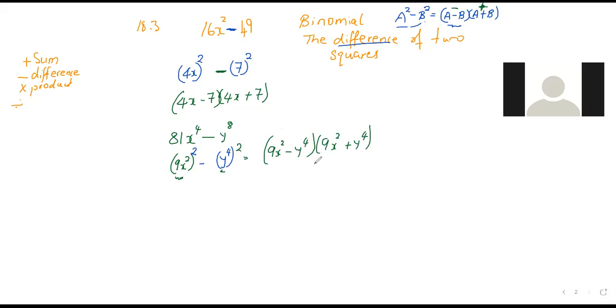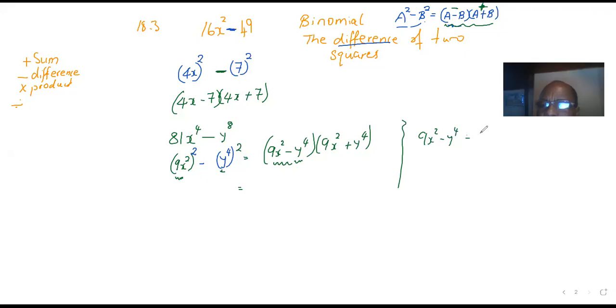But now we have managed to write that in that format. But we still realize that this one here is still a difference of 2 squares. This can be written as 9x squared minus y to the power of 4, which can be written as (3x) squared minus (y squared) squared.